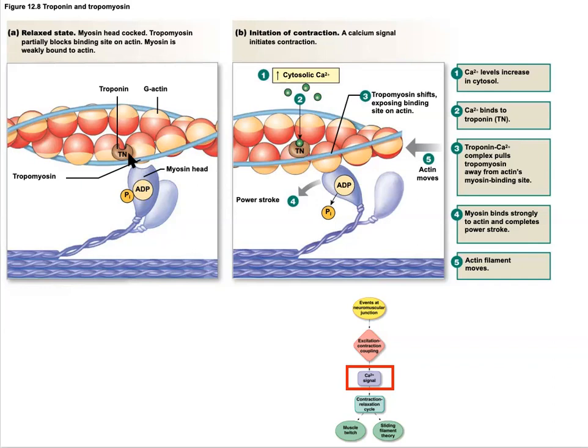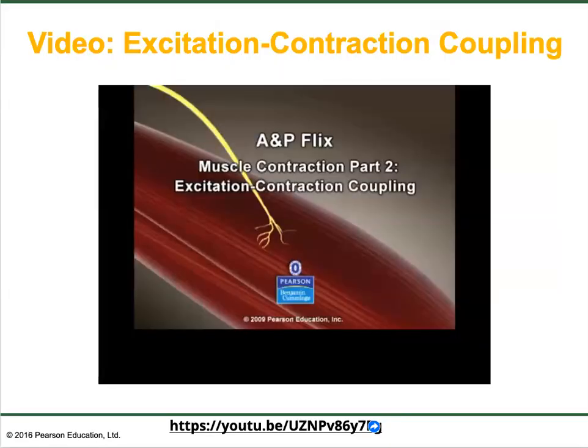During this relaxed state, the interaction between myosin and actin is weak. Here we have a video on excitation contraction coupling. It's a summary of what we just discussed. So go ahead and watch this video by clicking this link.